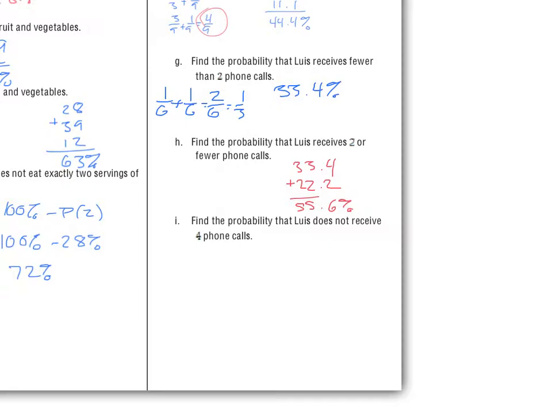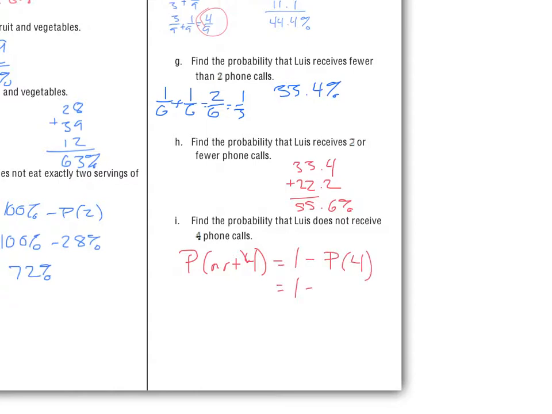Finally, it says find the probability that Luis does not receive 4 phone calls. Again, this is a probability of not, so the probability of not 4 is the same thing as 1 minus the probability of 4.